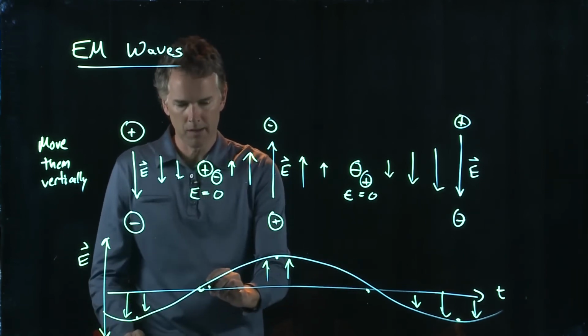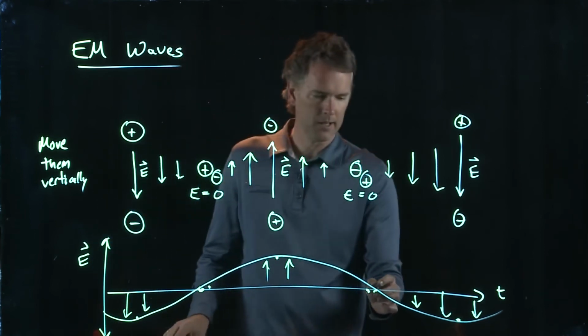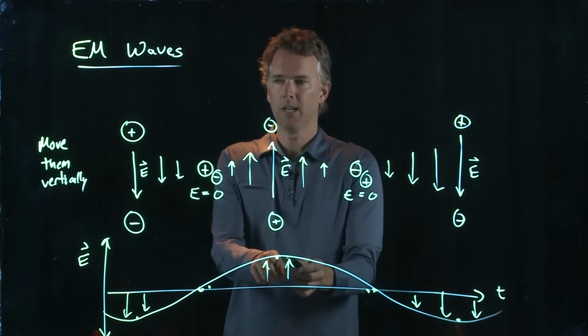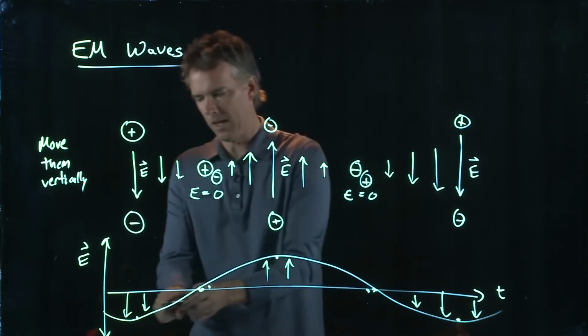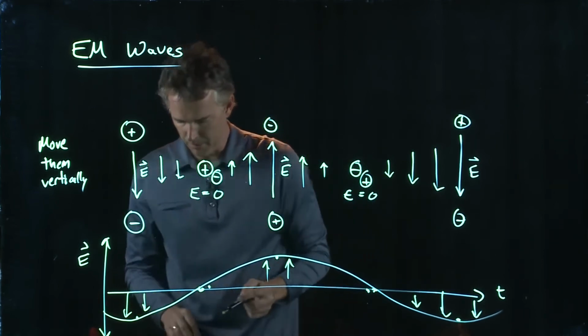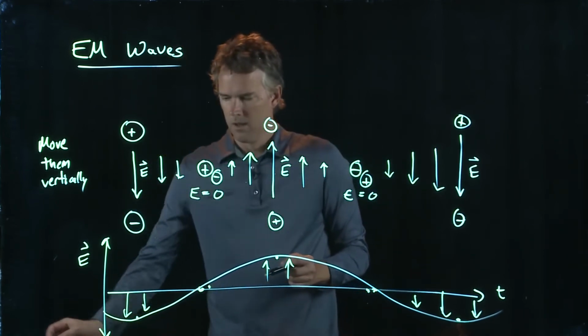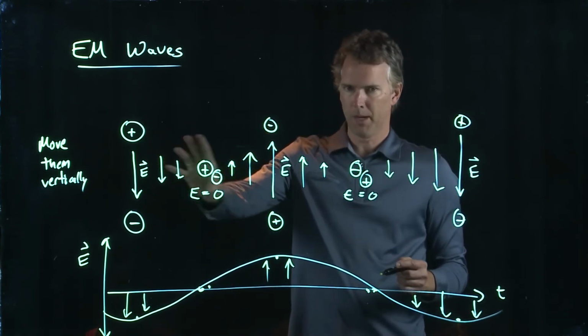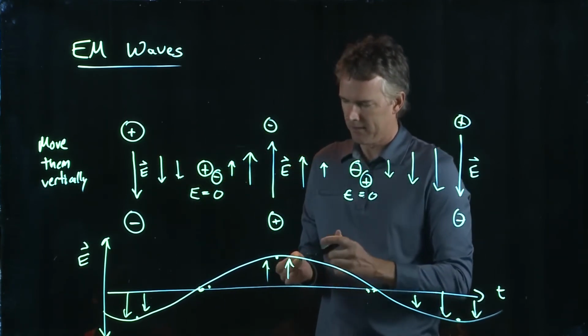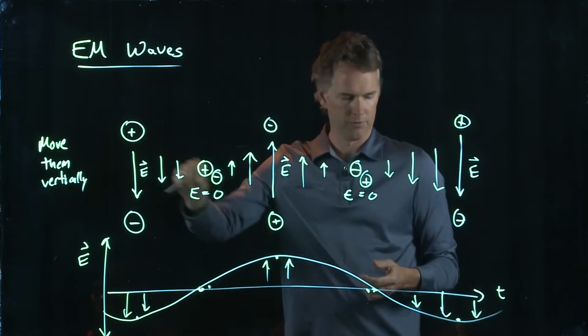A graph like this is just what is the size of the electric field as a function of time. So here, the electric field is zero. Here, the electric field is zero. But at this point, it's a positive number. At this point, it's a negative number. All right, let's go back to this picture here for a second, and let's think about this charge.